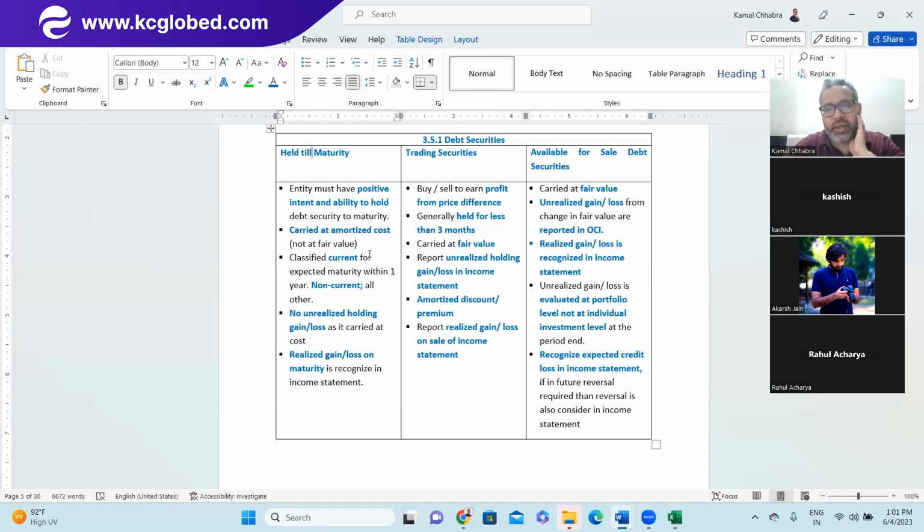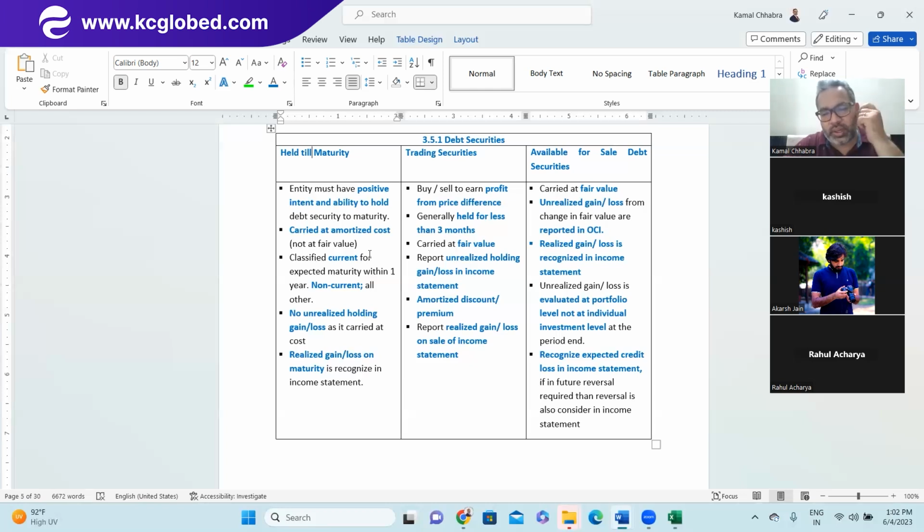If any debt security you have purchased has an original maturity after 1 year, then that would be classified as non-current. Makes sense? There is no unrealized holding gain or loss, as it is carried at cost.